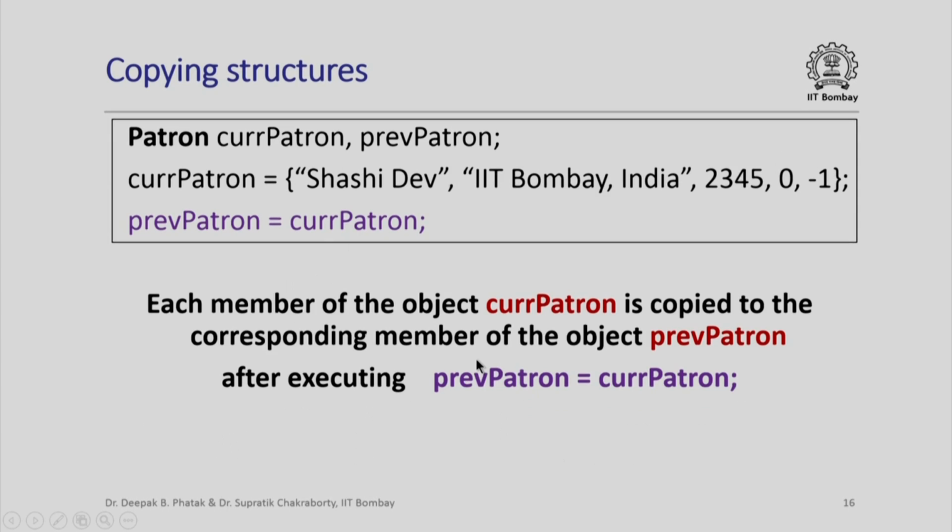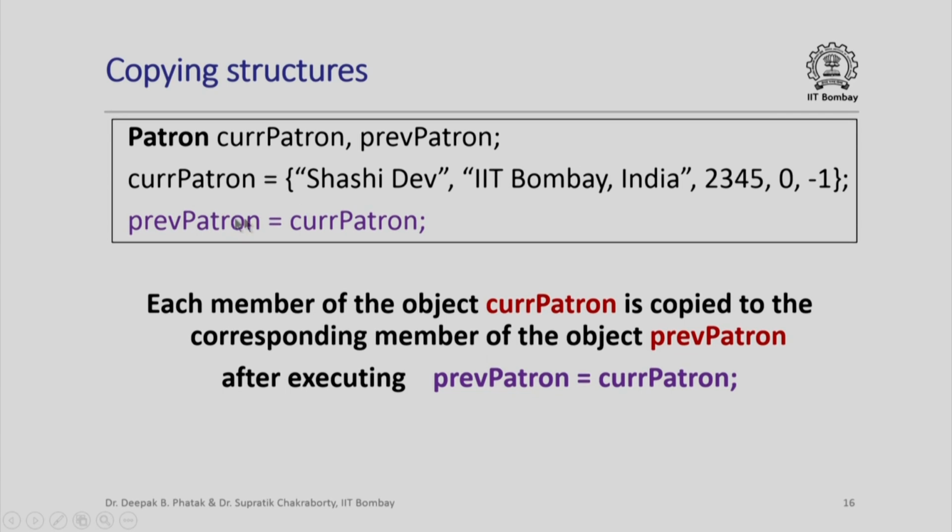And the answer to that is yes, we can indeed do that. So for example, here current pattern and prev pattern are both objects of the structure type pattern. Here I am initializing current pattern to whatever we had seen earlier, and notice this assignment statement. This is assigning current pattern, as a structure of type pattern, to previous pattern, which is also an object of the same structure type.